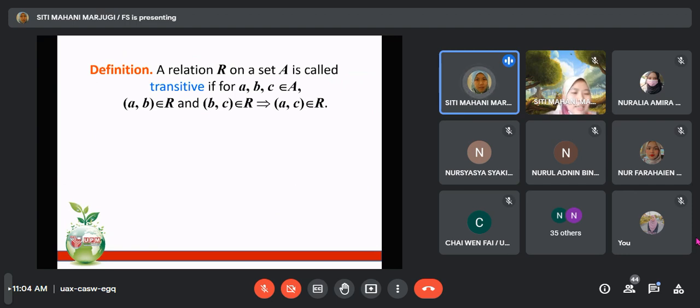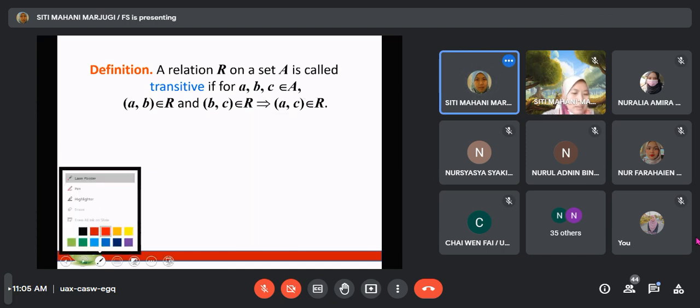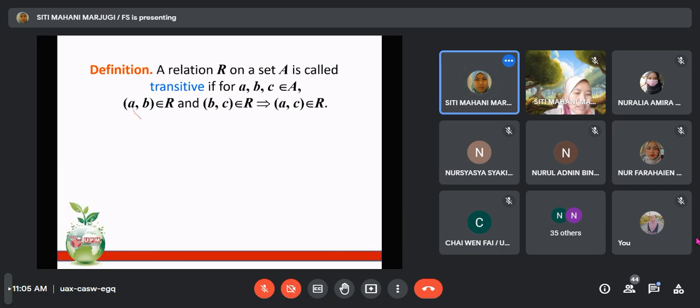A transitive relation on a set A, we can call this transitive if for a, b, c elements of the set A, where (a, b) is an element of the relation and (b, c) is an element of the relation, this implies (a, c) is an element of the relation.